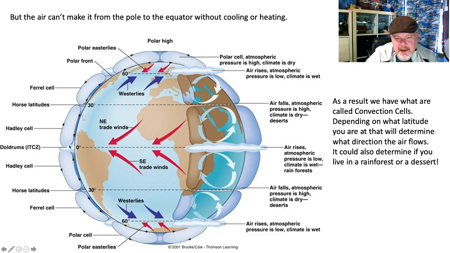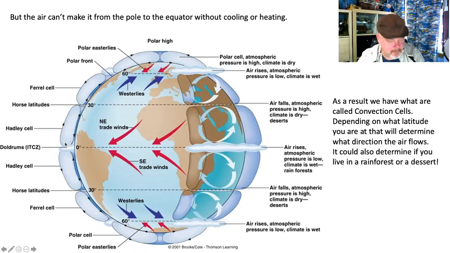This is where the air is heated up at the equator. It moves away because it can't leave the Earth, so it's got to go somewhere. So it moves to the north and to the south. It spreads out. And then it starts to come back down, and it's coming down. Now, remember, this is low pressure right here, the air going up. Over here, the air is coming down, so that would be high pressure.